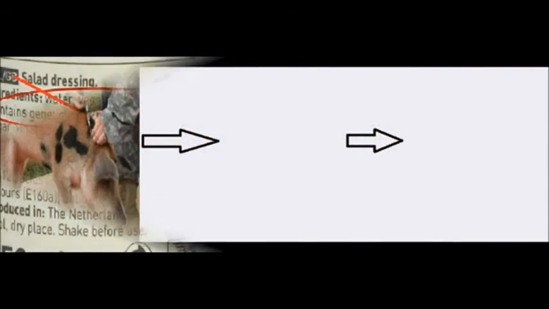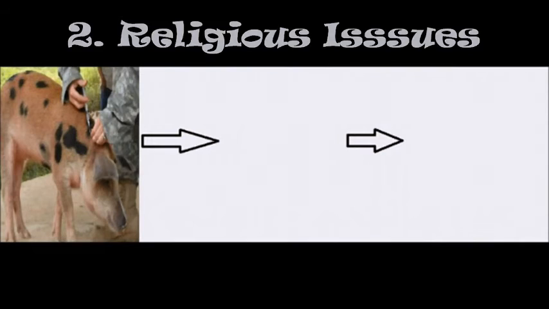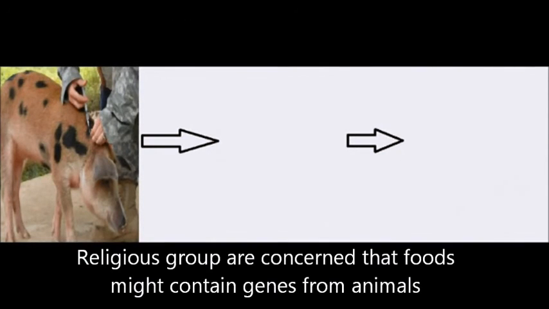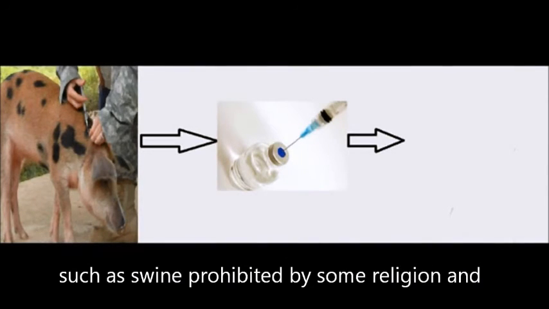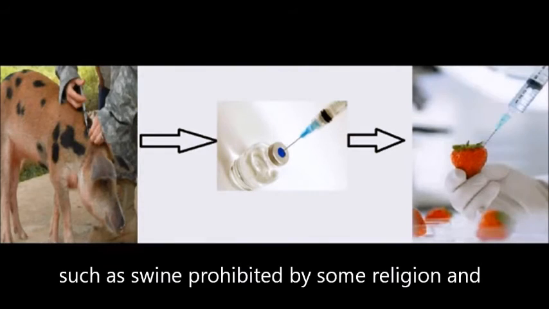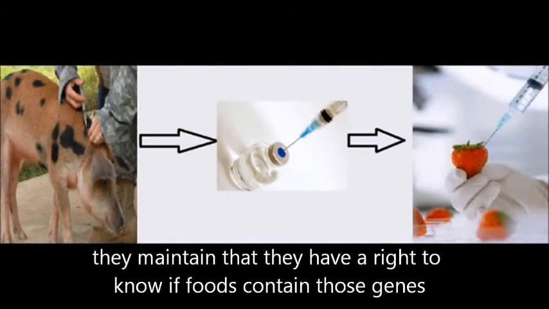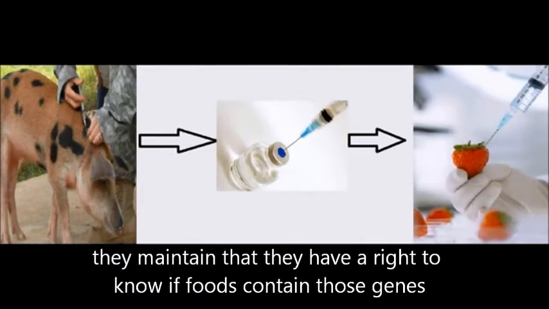And the next issue is religious. Religious groups are concerned that food might contain genes from animals such as swine, prohibited by some religions, and they maintain that they have a right to know if food contains those genes.